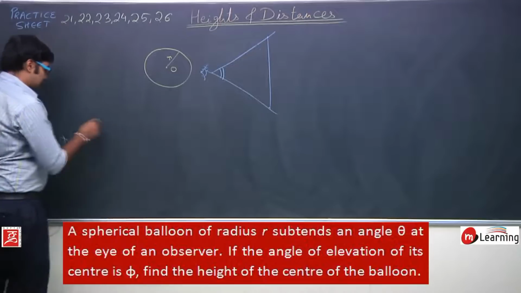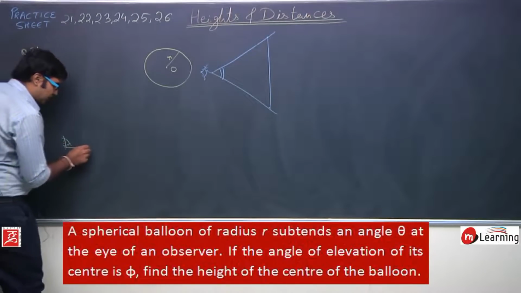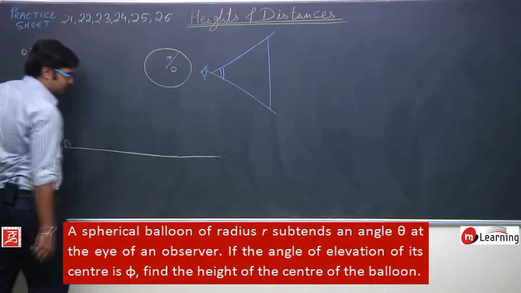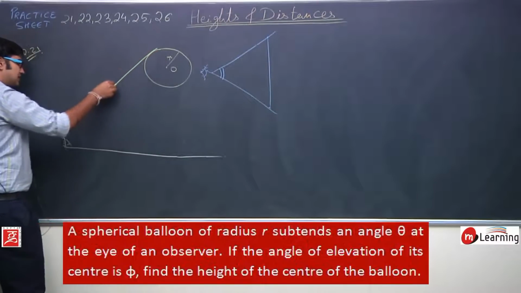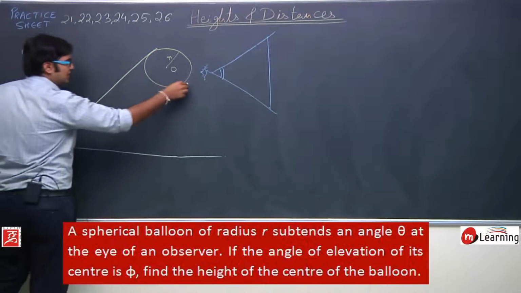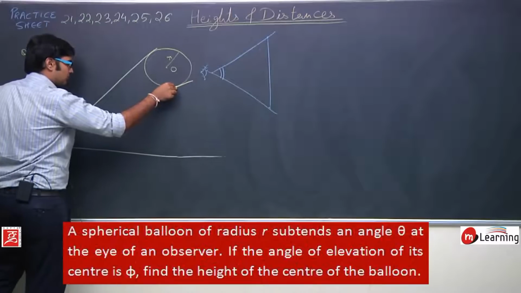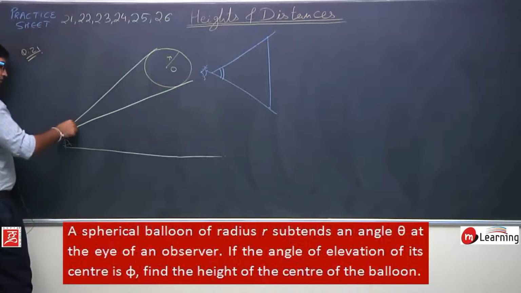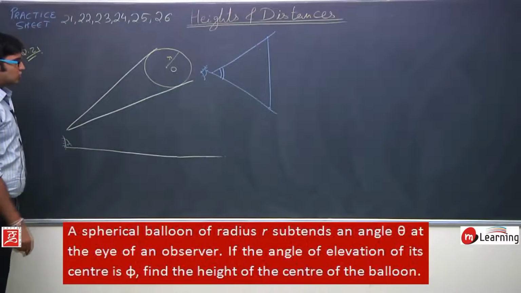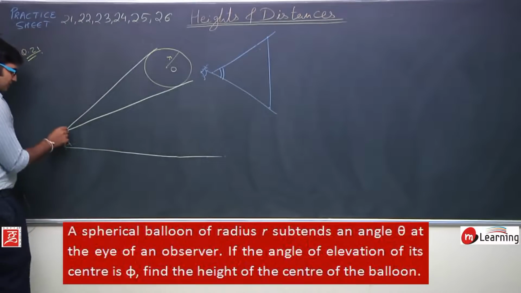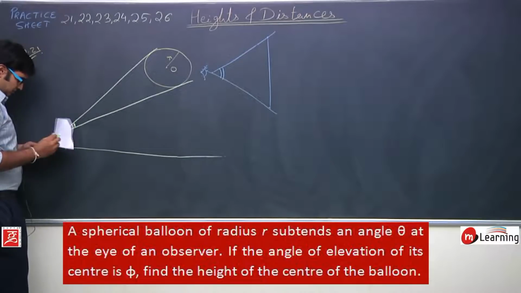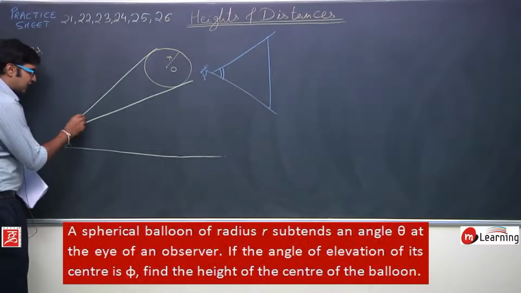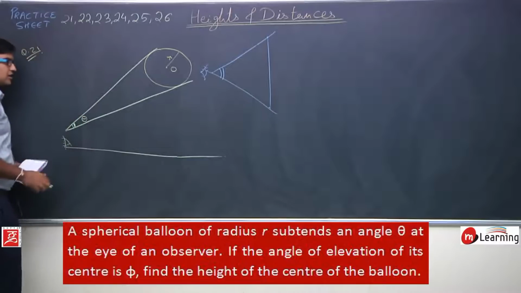It means if this is the ground level, and the person is observing the balloon, the two tangents drawn at the ends of the balloon subtend this angle theta at the observer.